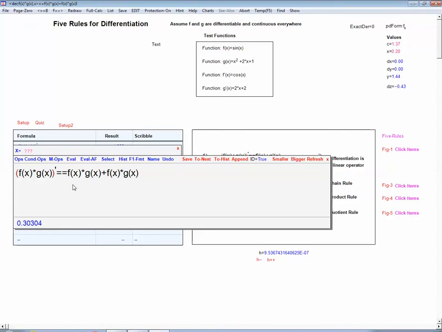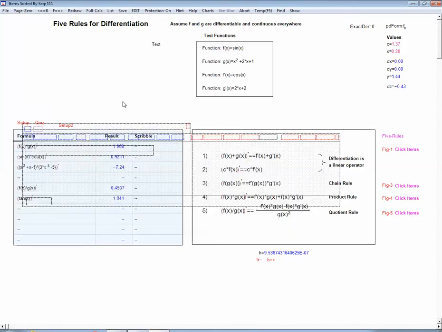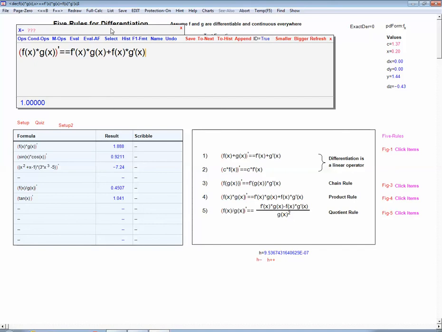And of course that doesn't make any sense. So what you have to do to get the product rule is differentiate that one, the f, and then over here differentiate the other one. And we see the 1 there. So that is correct. All right, let's look at a couple more just to cement that idea.